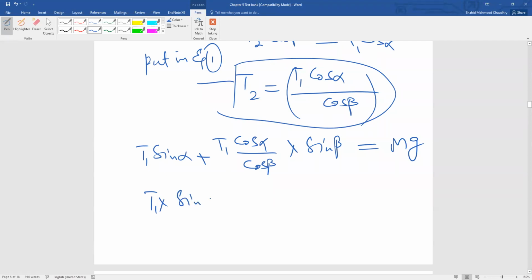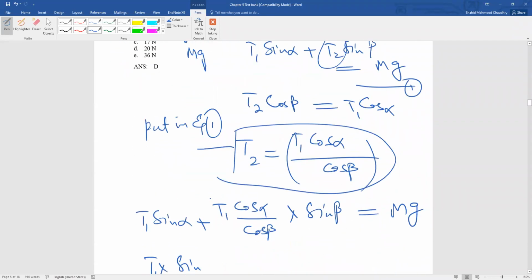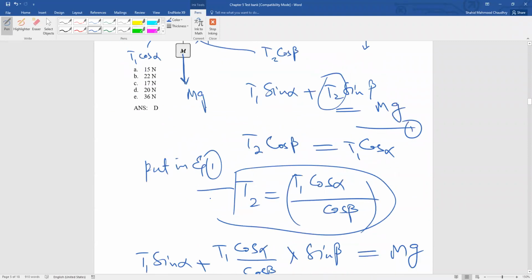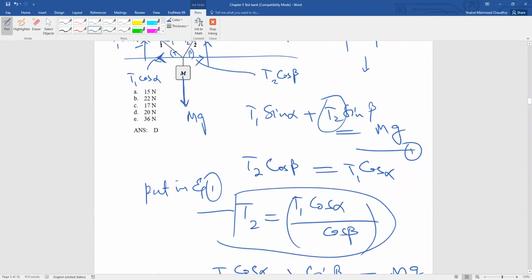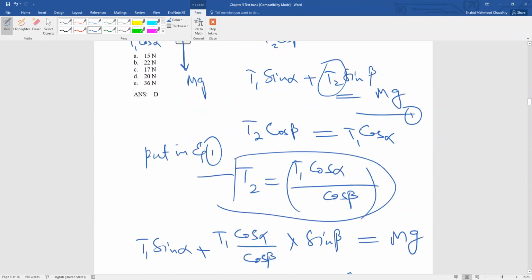Sine of alpha. Alpha is how much? Alpha is 40 and beta is 60. So sine 40 plus T1 cos 40 over cos 60 times sine 60 is equal to mg. M is 6, I think 6. Sorry, 4.